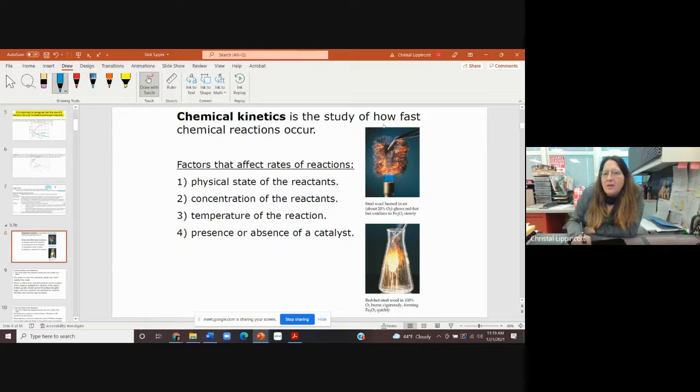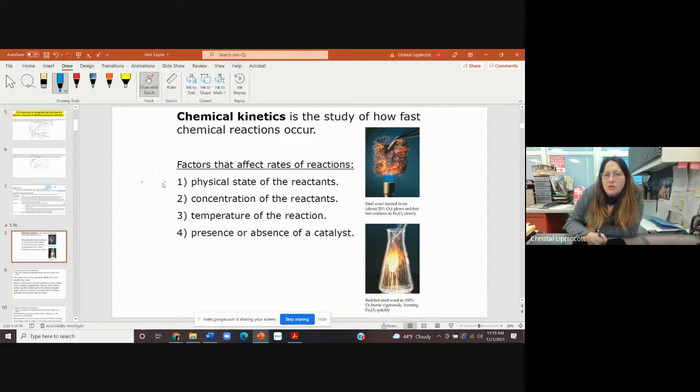So chemical kinetics, when we talk about that, again, we're looking at these factors: physical state of the reactants. So gases are more likely to react faster than solids, say. Okay?